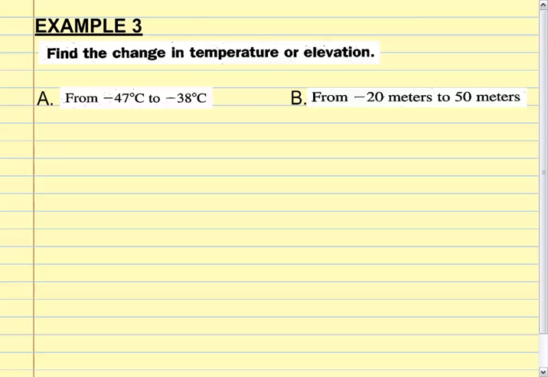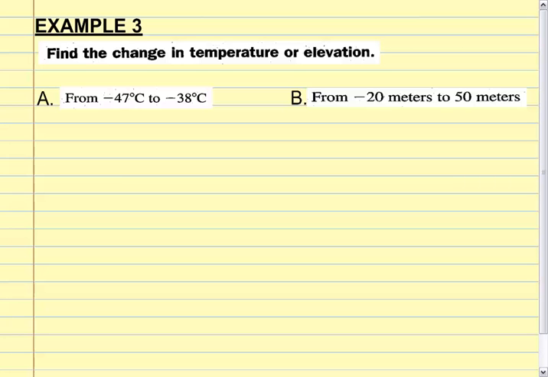With example number 3, it says find the change in temperature or elevation. Now, I want to give an example to begin with. I used Katia in my example earlier, so I'll keep with Katia. Let's say Katia is 53 inches tall one day, and she goes to bed, and she wakes up the next day and she's 62 inches tall.